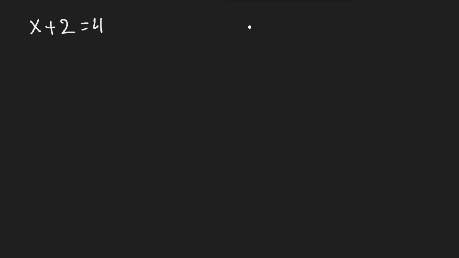For example, the equation is here: y plus 2, and this side is 10. If I switch the number 2 from left to right, it's going to be negative 2, because we change from left to right.